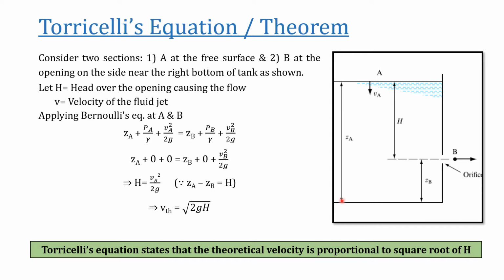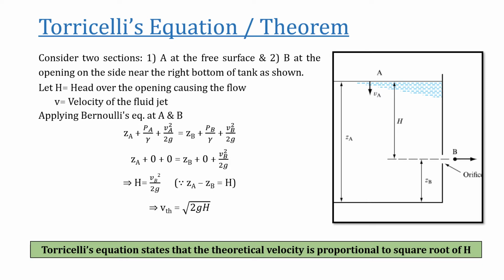So the distance from the bottom of the container to the water surface is ZA, and as it is on the water surface, it is open to atmosphere, so we have atmospheric pressure, and as we measure gauge pressure, PA over gamma is 0, and the particles on the liquid surface have negligible velocity, so VA squared over 2g is also 0.